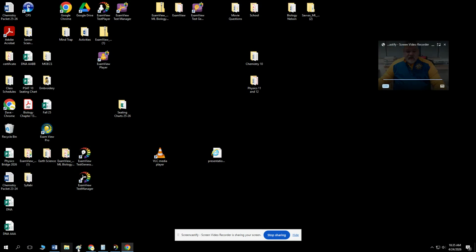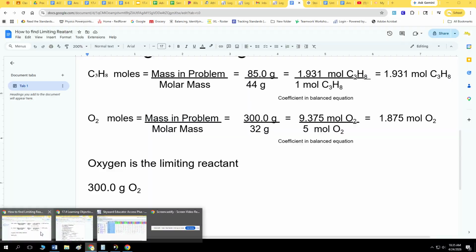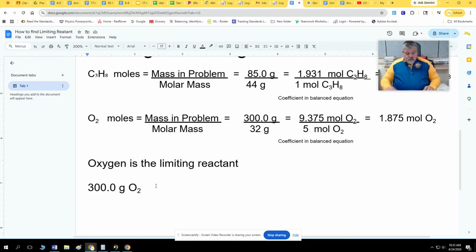So let me just get back out of there, pop the other one back up, and let's see where we're at. So right here we're going to put our times, and we're going to put 1 mole on top of O2, and we're going to put the molar mass, which we already calculated out was 32 grams of O2. Okay, and I might have to make these smaller just to make sure that they fit in there.